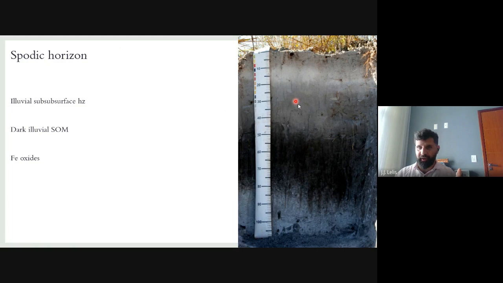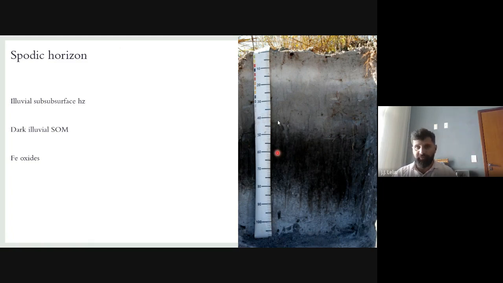So maybe the organic matter that in the past was concentrated here just migrated from here to here. So here is the oldest and here is the youngest.